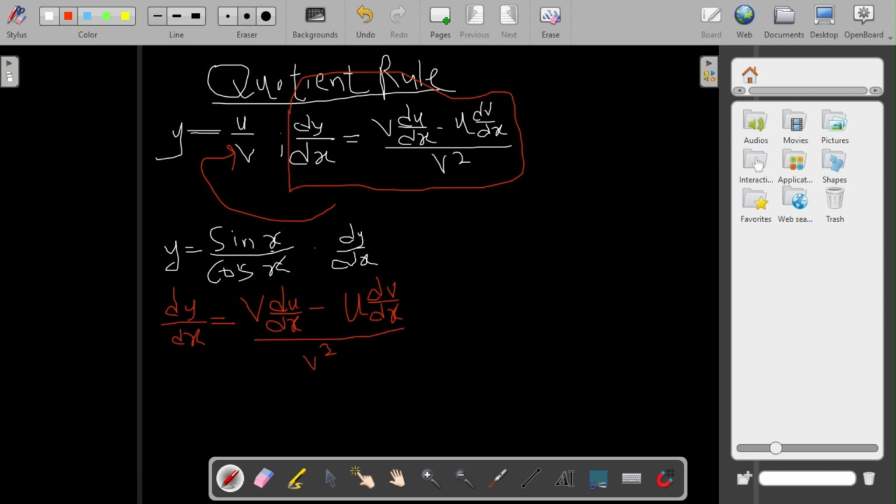Right here, we are going to spot what exactly is u and what exactly is v. So this is u and this is v. Since this is u and v, we are going to substitute them into the formula.